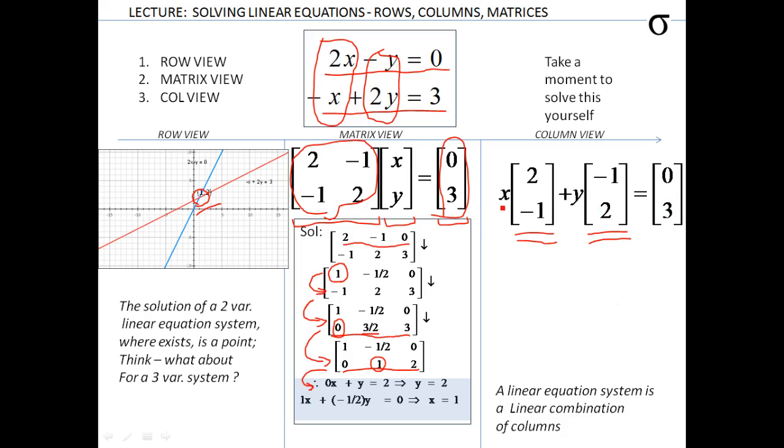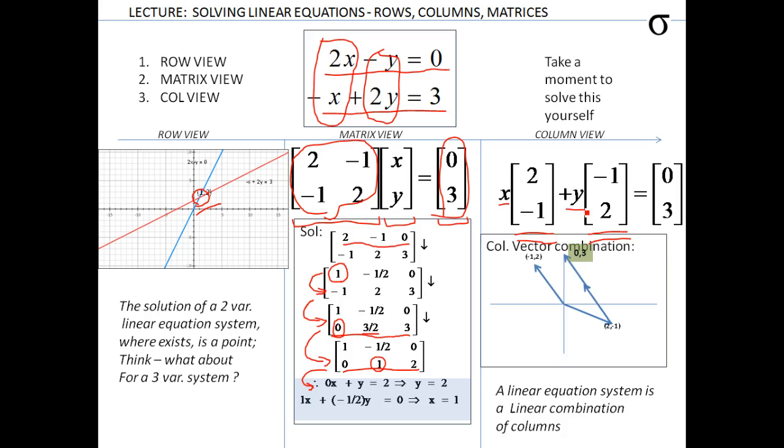Now, in this case, we know, of course, that x equal to 1 and y equal to 2, and therefore what we would do is draw this out using column vector geometry, and this is what you get. This is basically nothing but the vector interpretation using concepts in geometry and algebra. So this is your 2 comma minus 1 vector.